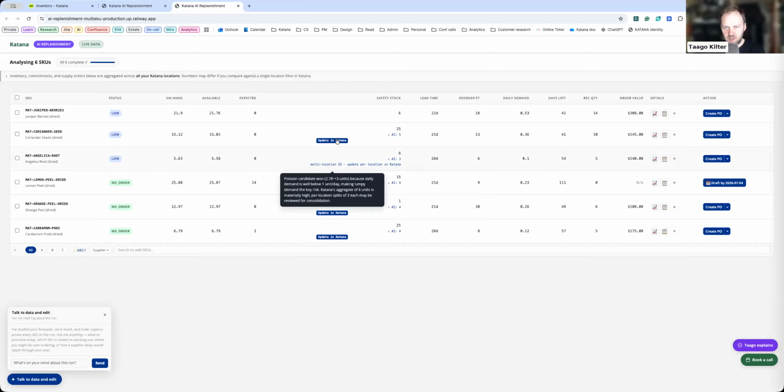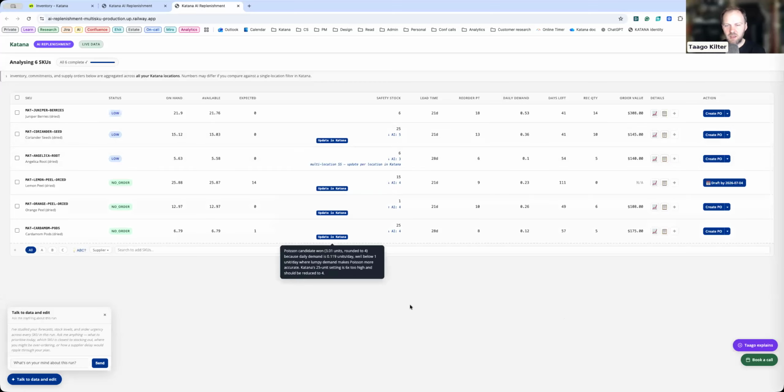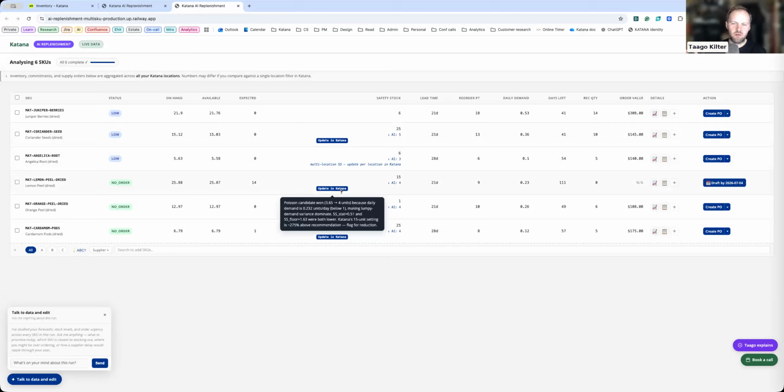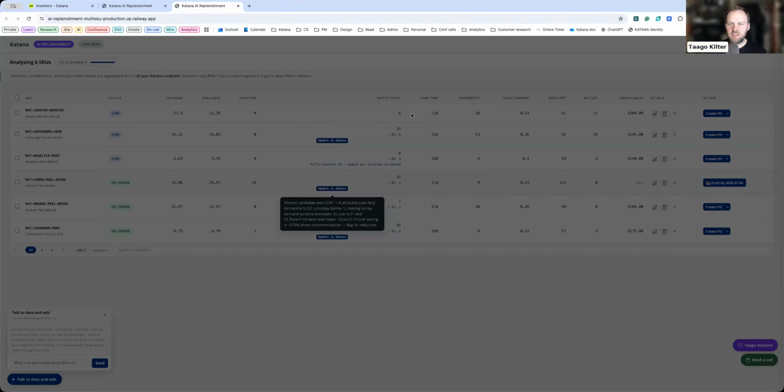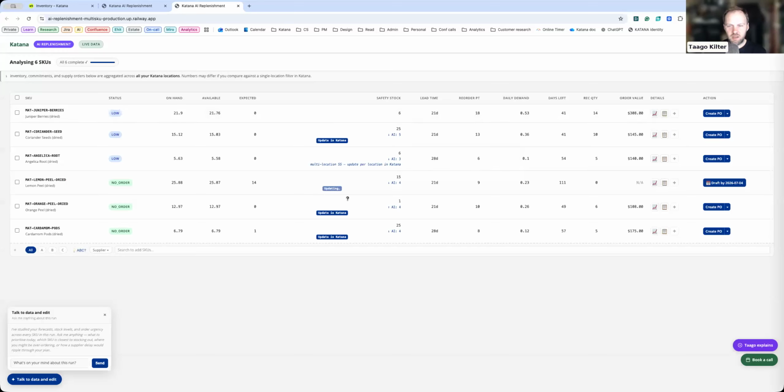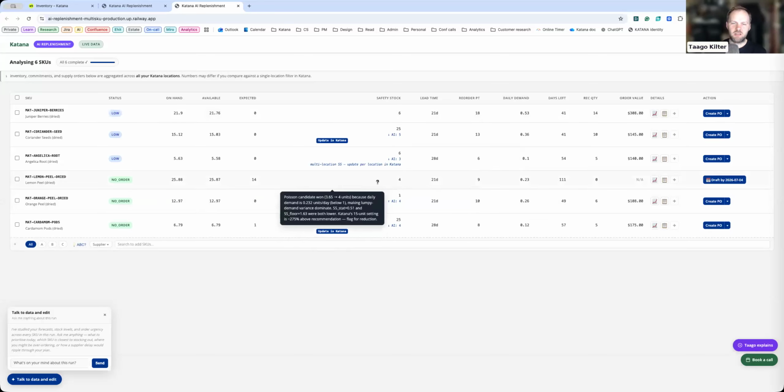And as you can see, I have here also the safety stock update options because these are something that my near term or near historic demand does not support, in this case, the 15 units safety stock. It actually seems to be fairly safe with 4 units. And I can easily change it here in Katana and it will update my Katana main location safety stock right here.